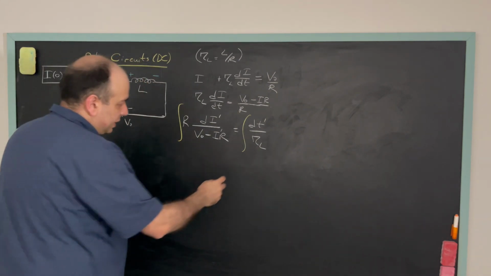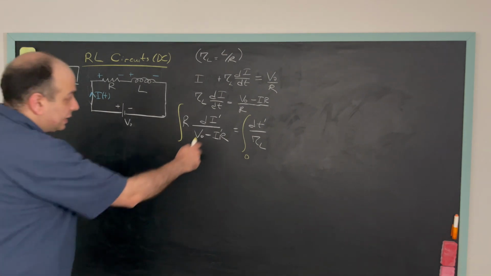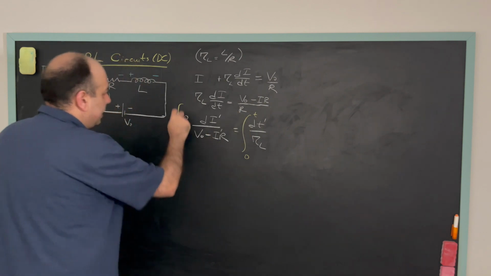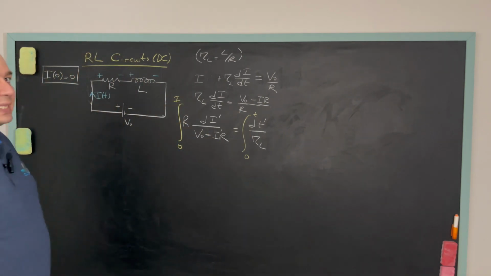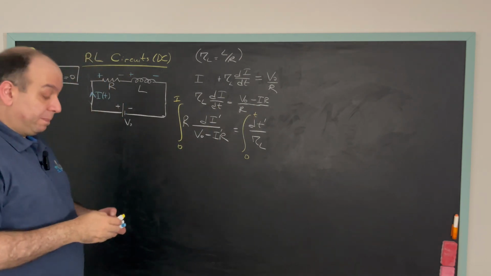So when t prime is equal to 0, the initial condition tells me that I prime is simply equal to 0. So when t prime is equal to t, I prime would be I. So I'll have I as a function of time t. Okay?